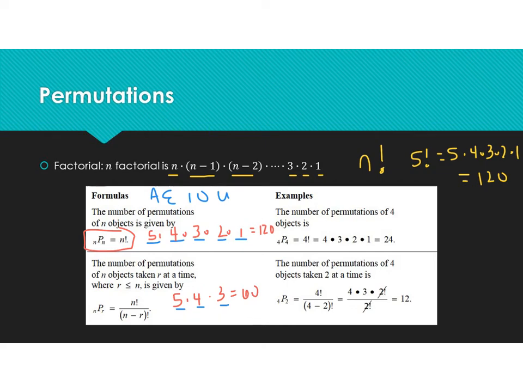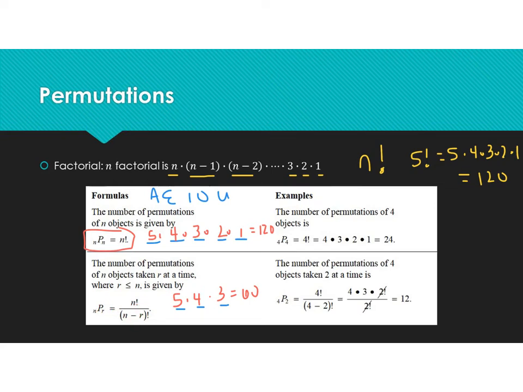To figure that out, you could always divide out the part that you didn't want. Or you have this formula: n factorial over n minus r factorial. You take the difference.